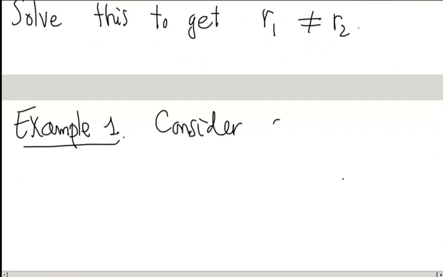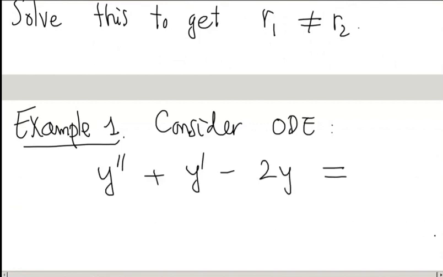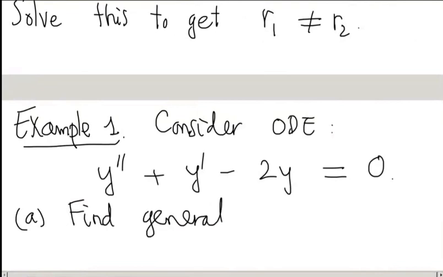Consider the ODE y double prime plus y prime minus 2y equals 0. First, find the general solution.